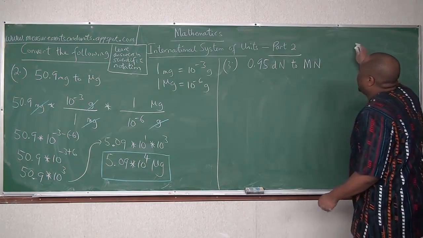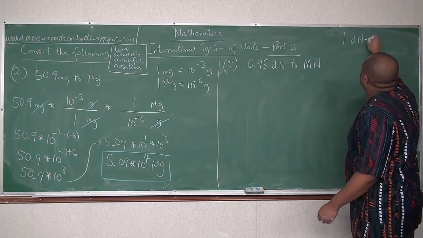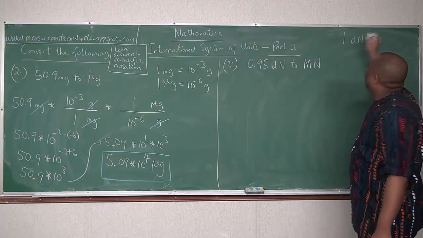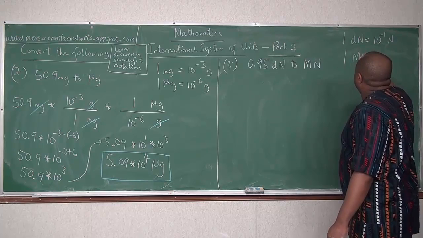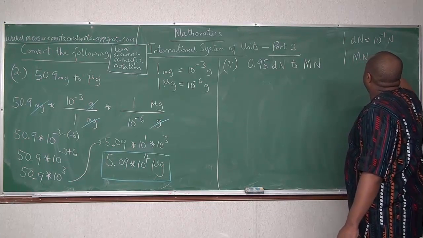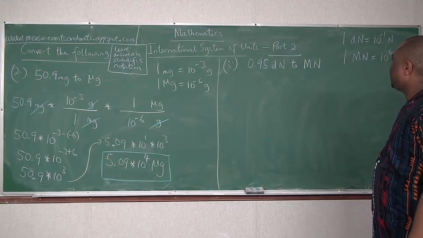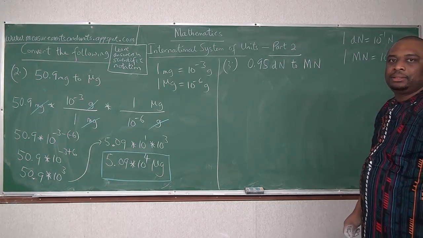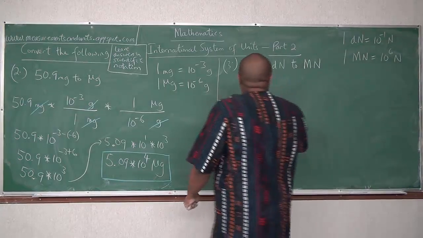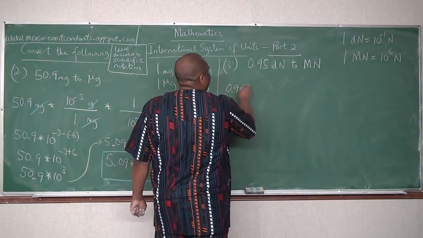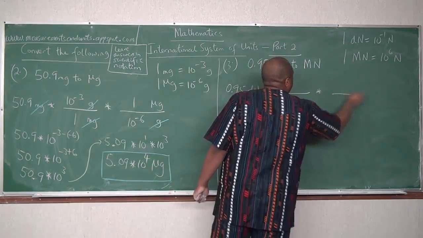So we do know that 1 decinewton is 10 to the power negative 1 newton, deci is negative 1. And then that 1 meganewton is 10 to the power 6 newton. Okay? So we now set this up. 0.95 decinewton times, I set this up.